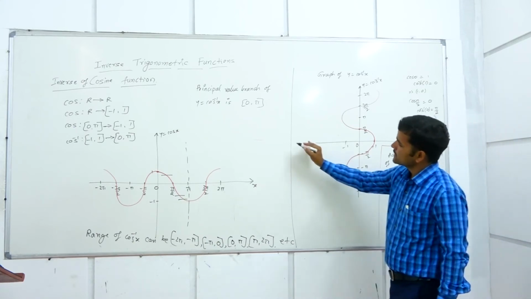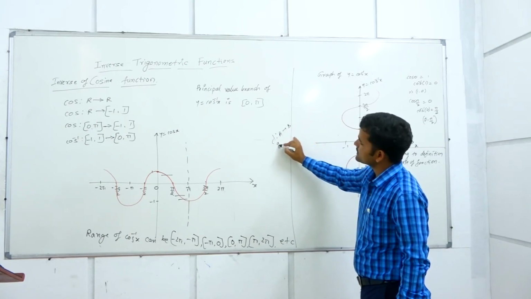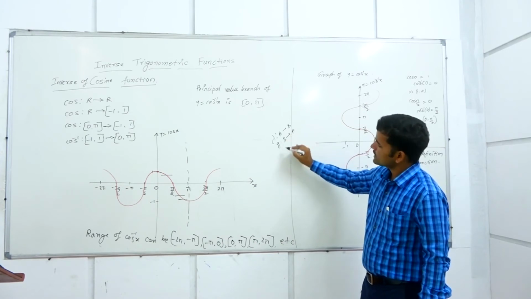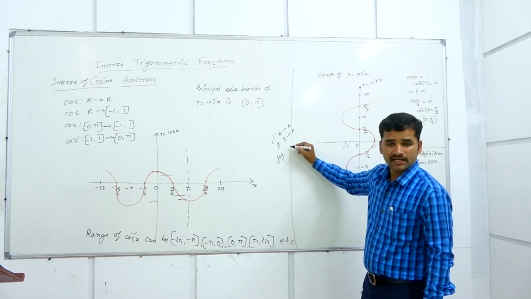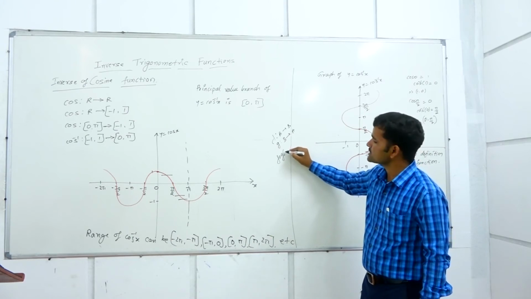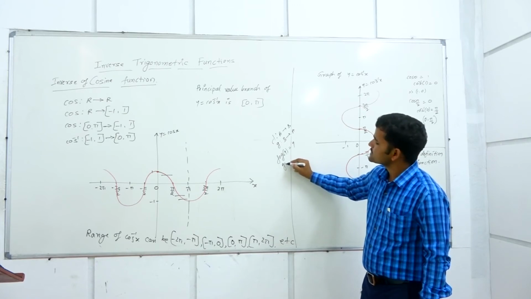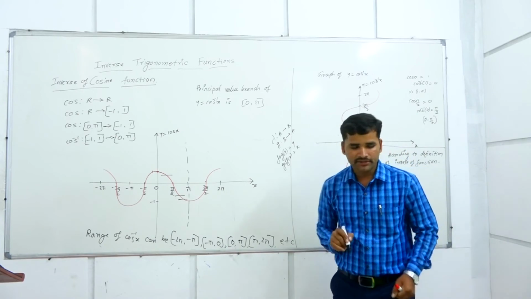If f is a function that maps from A to B, then there exists a function g that maps from B to A, such that f circle g is an identity function. f circle g of y is equal to y will be there, and g circle f of x is equal to x will be there. This one we have written.